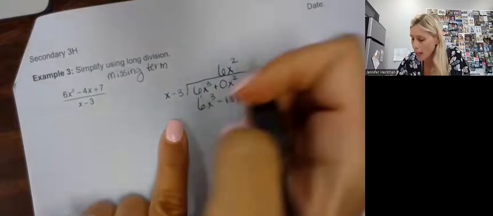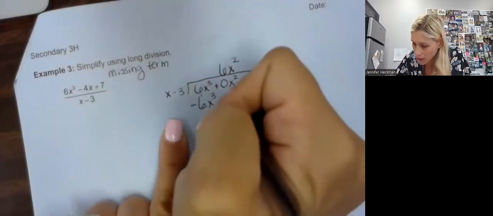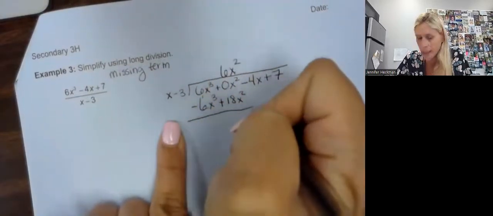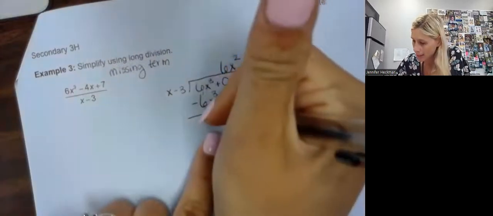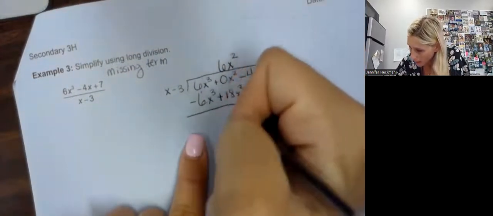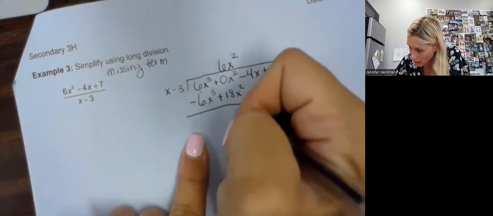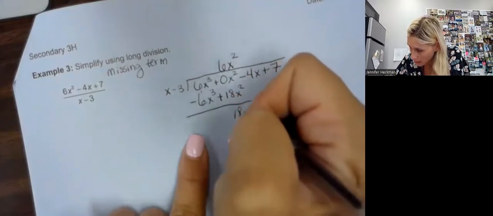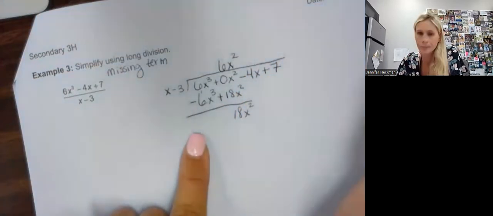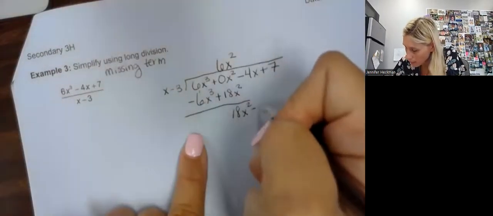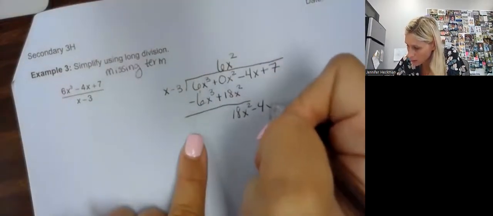I'm going to subtract, which means I'm going to change the signs and add straight down. This cancels, and then 0 and 18 is 18x squared. Bring down the negative 4x.